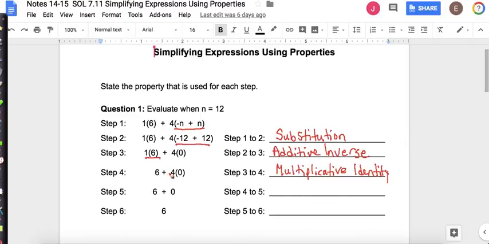So now I need to justify step 4 to step 5. I notice that the 4 times 0 became a 0. So anytime you multiply something by 0, that is called the multiplicative property of 0.